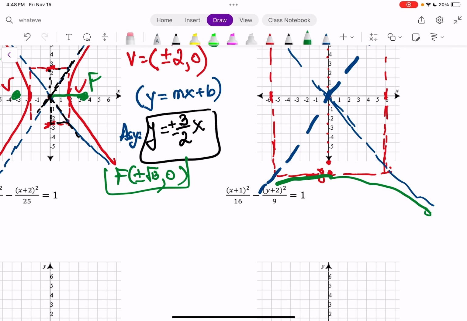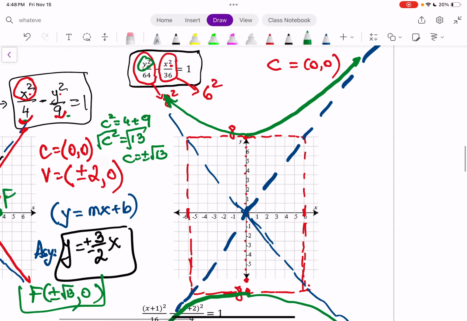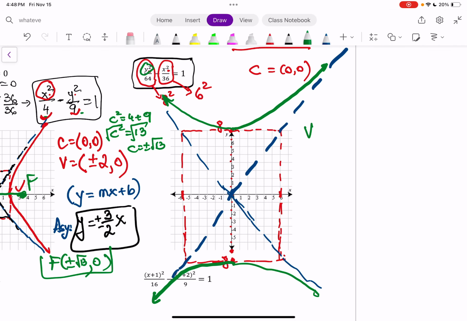So it kind of interferes with my next equation. It's quite big numbers, but there it is. Okay. So where are the vertices? The vertices are up and down at the edges of the hyperbola. They are at 0 for x and plus minus 8 for y, as we are on the y-axis.